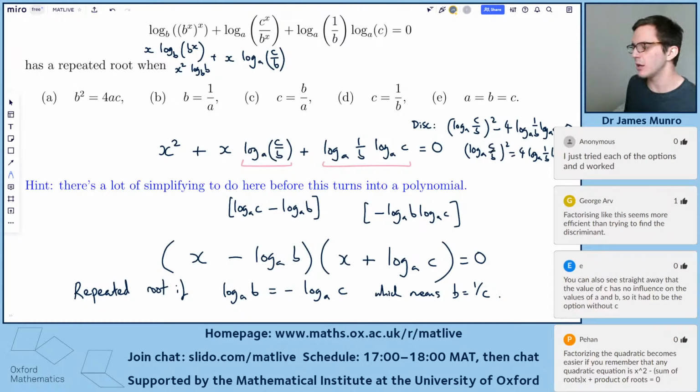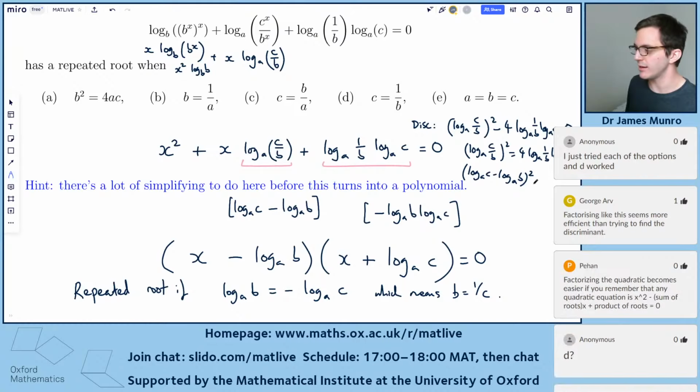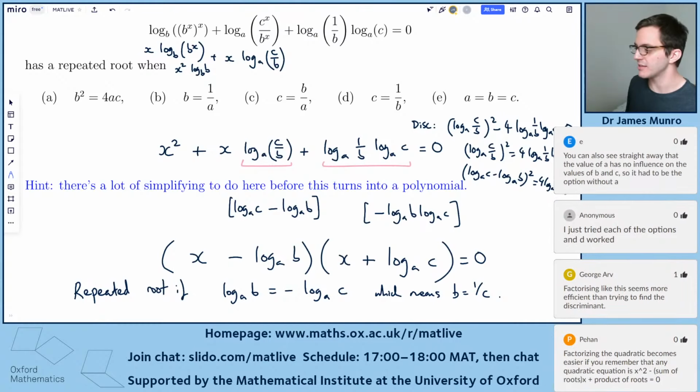I think I'm going to write log base A of C minus log base A of B. I think I do need to split that up like that. And then my right hand side is still 4 log base A of 1 over B log base A of C.